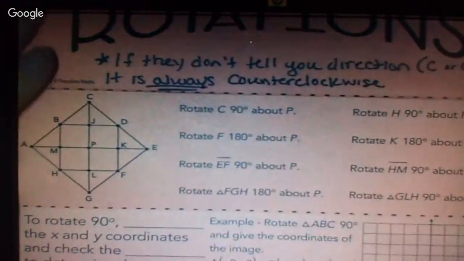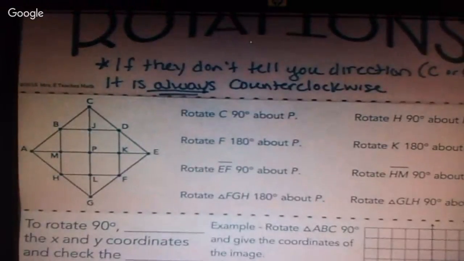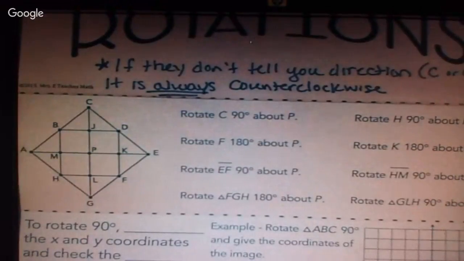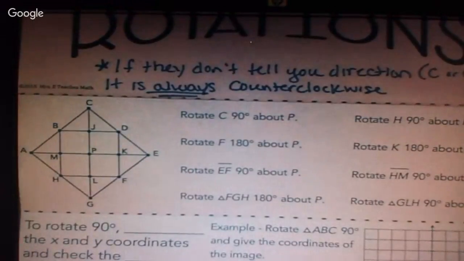Don't ask me why it's backwards, because my first assumption would have been, well, if they don't tell you, it's clockwise, right? Now, that's why I want you to make that footnote on there. If they don't tell you direction, it is always counterclockwise, which I think is crazy, but I can't fix it.